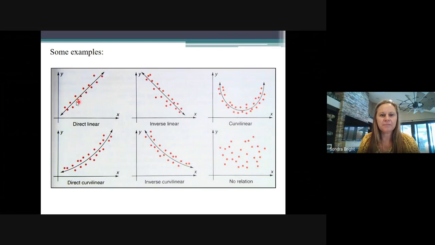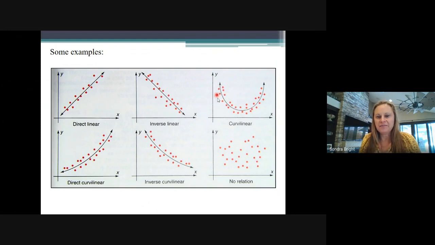Direct linear means as x is increasing, y is increasing. Inverse linear means that as x increases, y is decreasing. Notice the slope is negative. That's an inverse, and linear because they're pretty much on this straight line. They're not exact, but you can draw a straight line going through it.